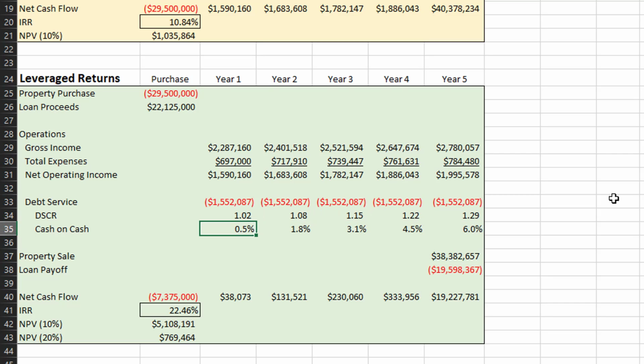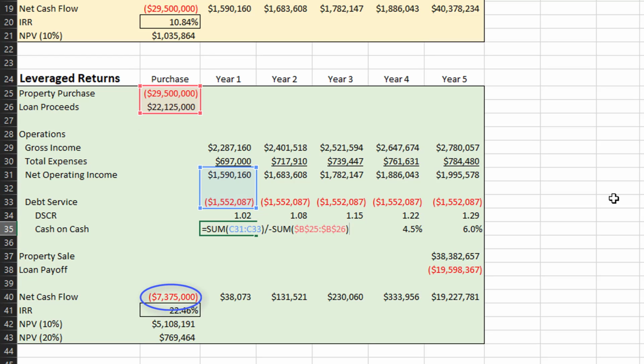And then the cash on cash return, again, is the cash that we are generating after we've paid our debt service. So if we look down here, I'm netting out the debt service from the NOI, and that's leaving me about $38,000 in cash, and we're dividing it by the equity we have invested. So that's the difference between the purchase price and loan proceeds. I could have also referred to that negative $7 million down there at the bottom.